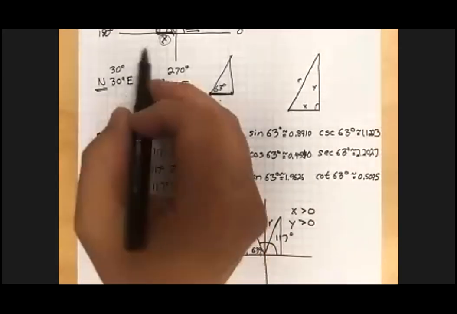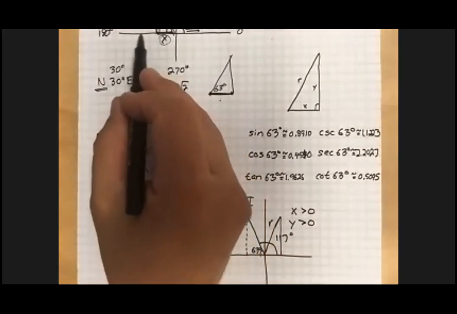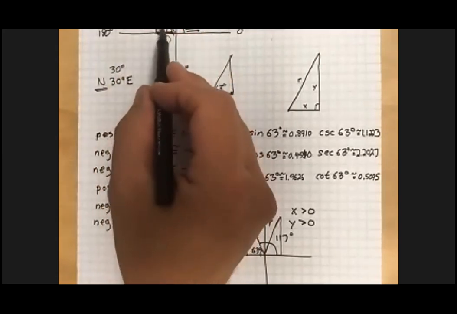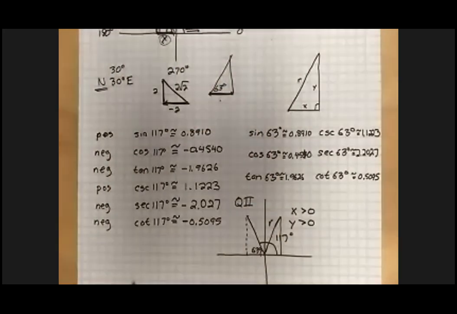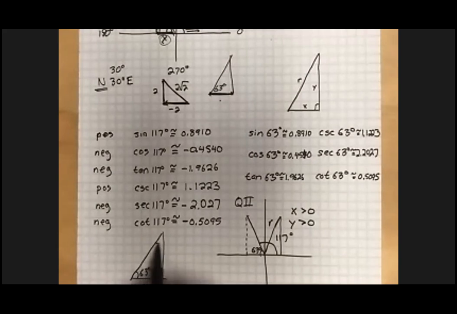So if someone asks you to draw a reference triangle, you draw it on the x-axis and you name that remaining angle. And you name every angle and every side with positive numbers.